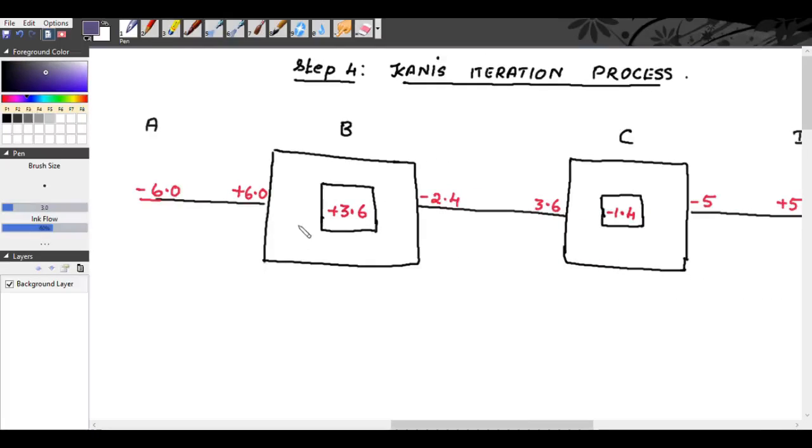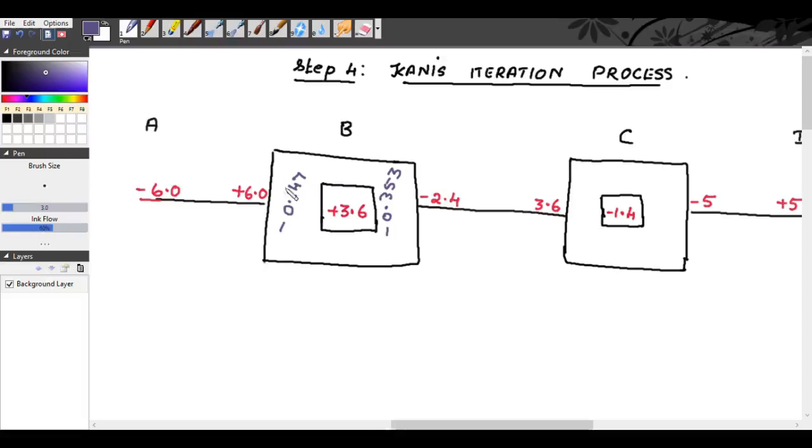See, for BA, it is minus 0.147. For BC, it is minus 0.353.